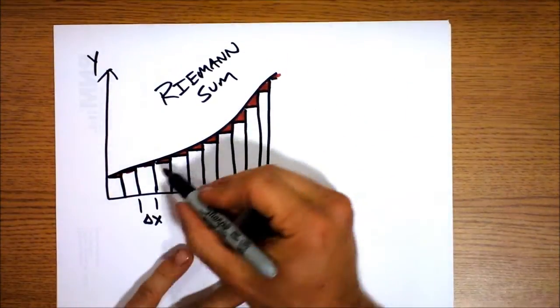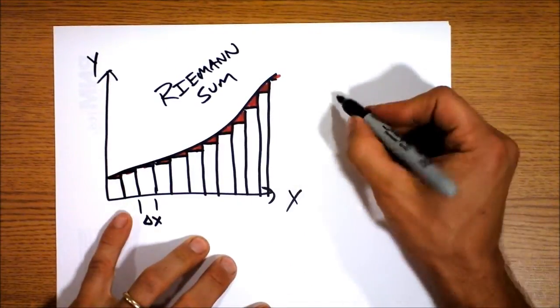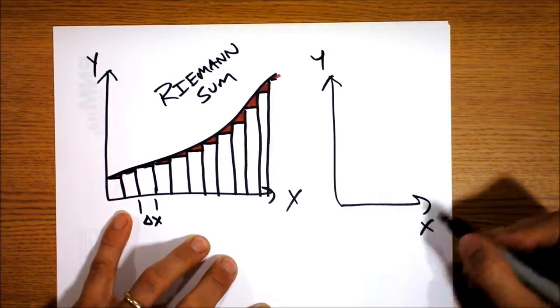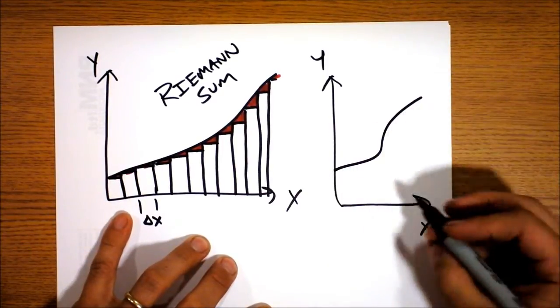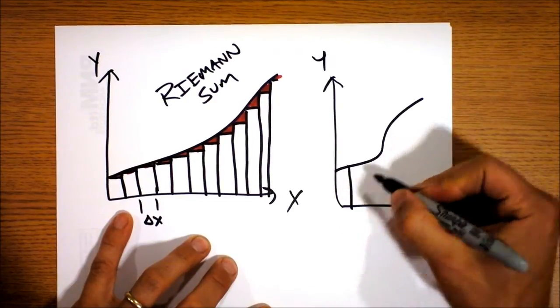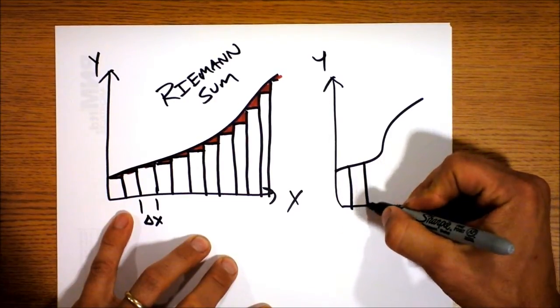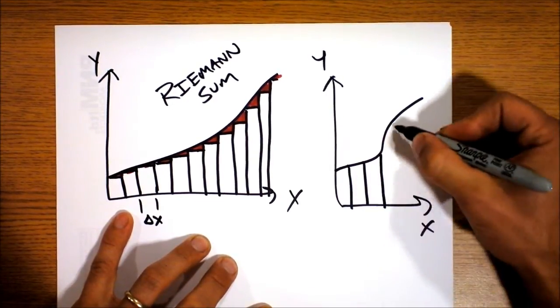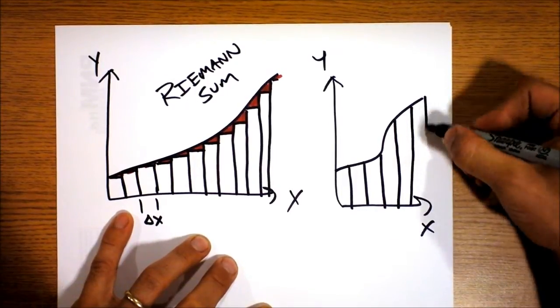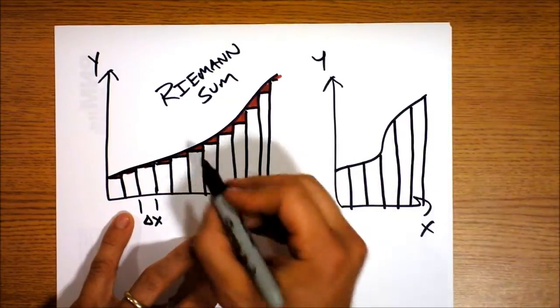So we've got some error that's shown in red, but what if instead we take this function, and it looks something like that, I don't really care what, and then we make rectangles, but this time we measure from the right side of the interval rather than the left side.